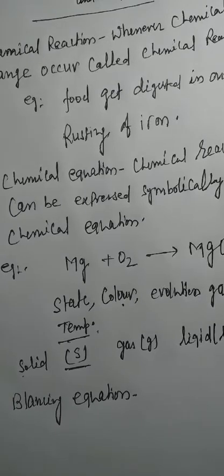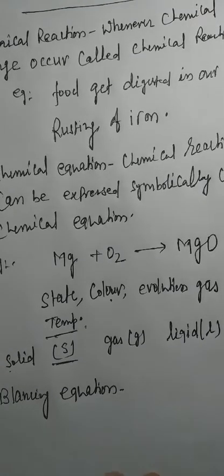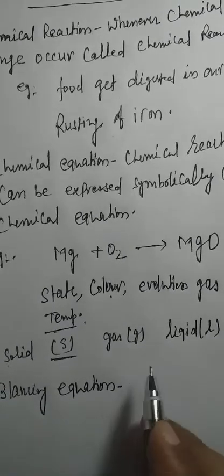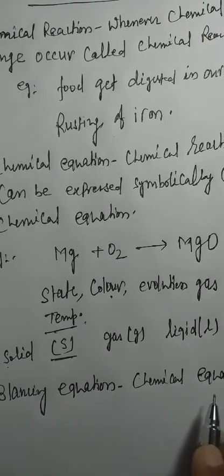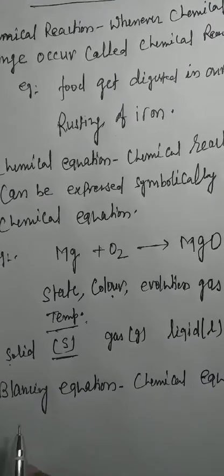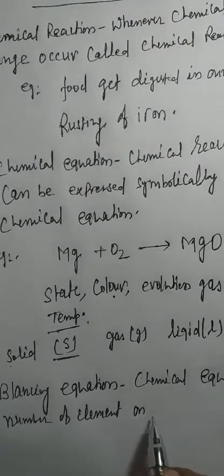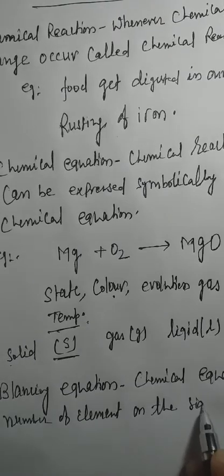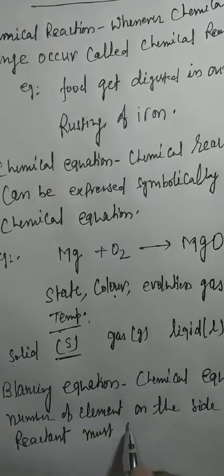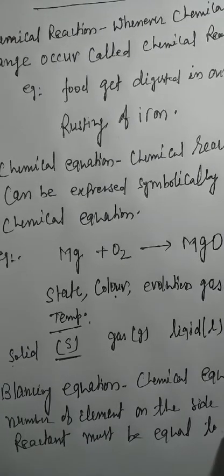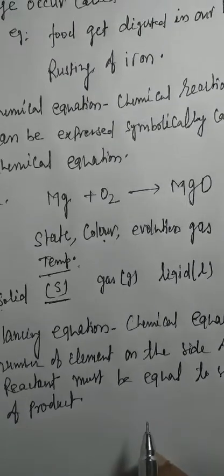In this we convert reactants to products. In a balanced chemical equation, the number of atoms of each element on the side of reactants must be equal to that on the side of products.